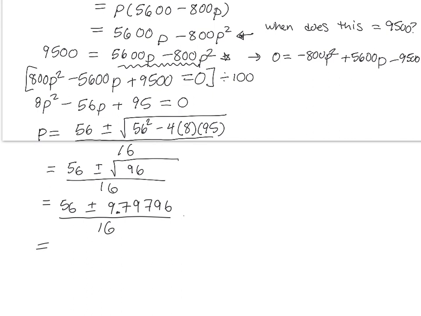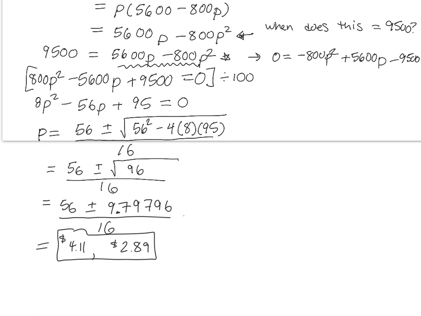Okay, so now the first thing you would do is add 56 and 9.79 and, after you get the sum, divide by 16. You get 4.11 and 2.89. So those two prices will produce a revenue of 9,500, and they both make sense, right?